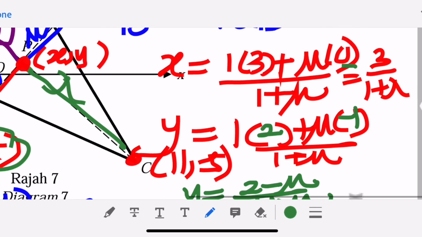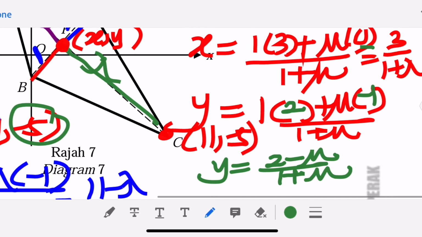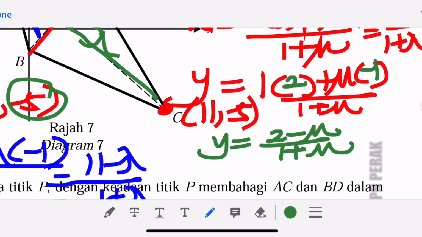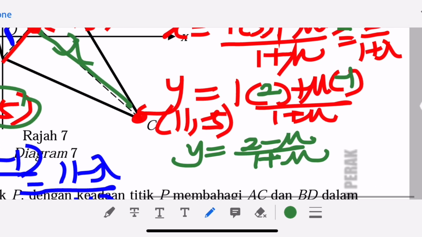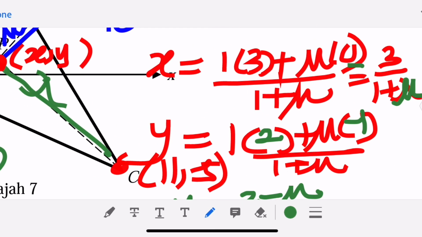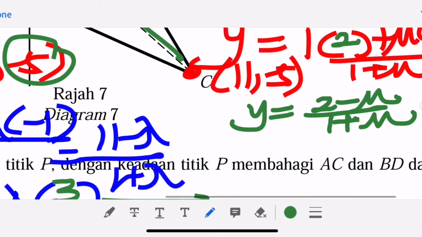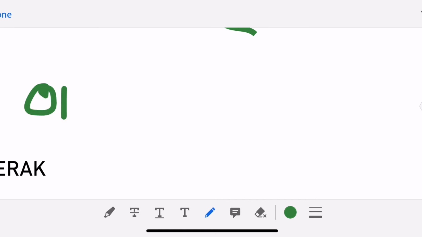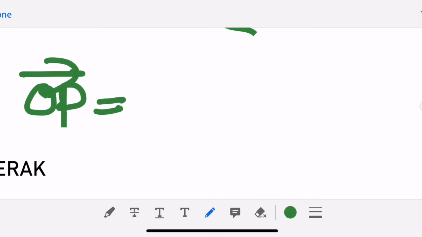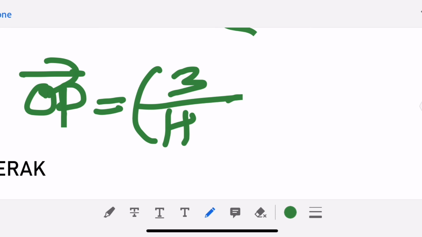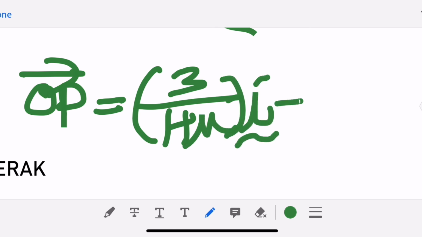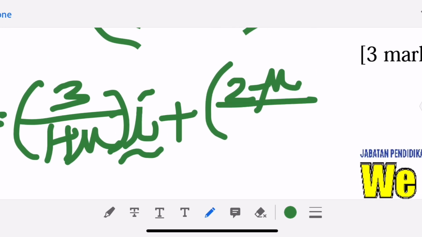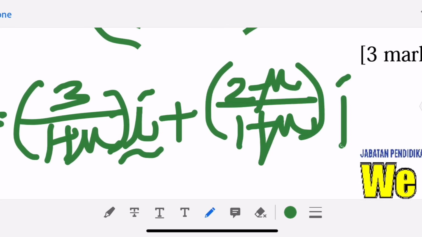So we have the coordinates for OP in terms of mu. Now we write it in terms of vector. So x is 3 over 1 plus mu. That means our OP is 3 over 1 plus mu i plus 2 minus mu over 1 plus mu j, right?